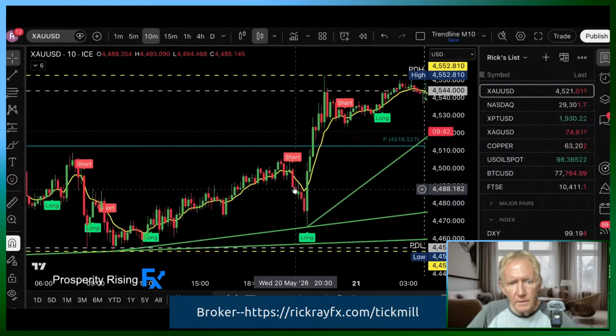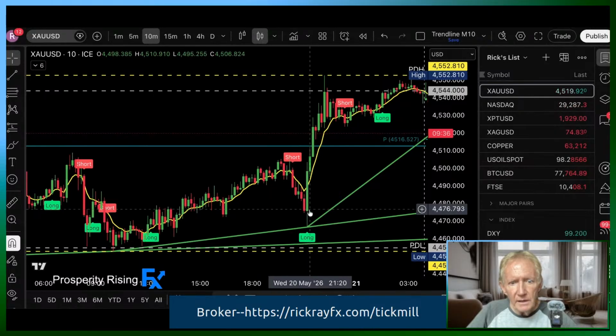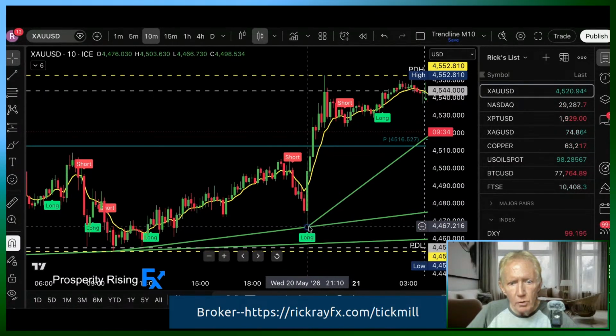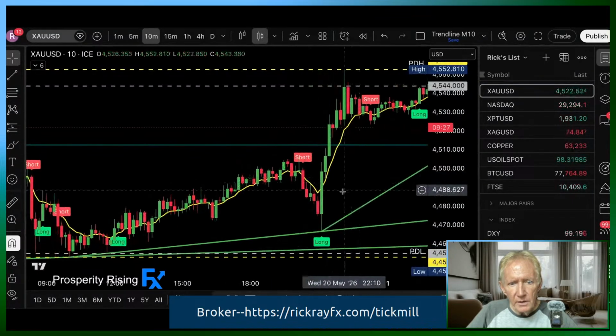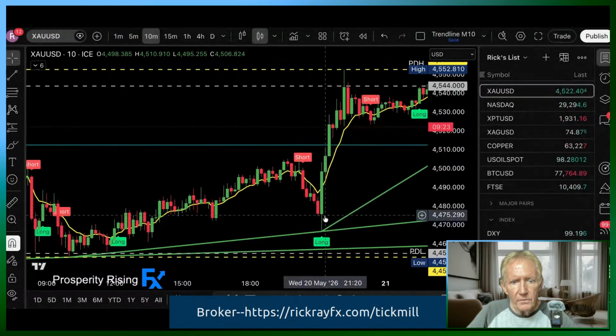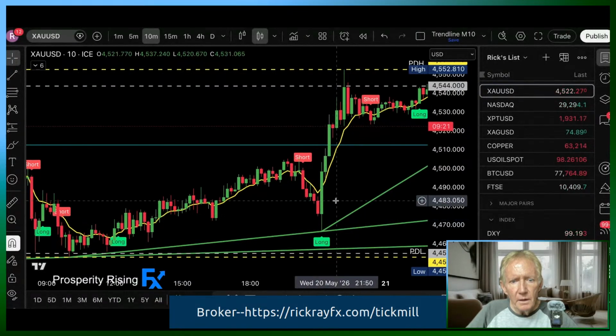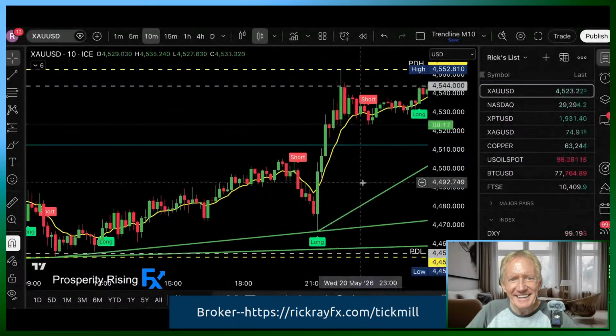I got this one, but then I got distracted, and I wasn't watching this liquidity grab here. It's easy to see, clear as day. When you get a massive move like that and then a rejection and a big pin bar, that's a liquidity grab. And then it went to the moon, eh?